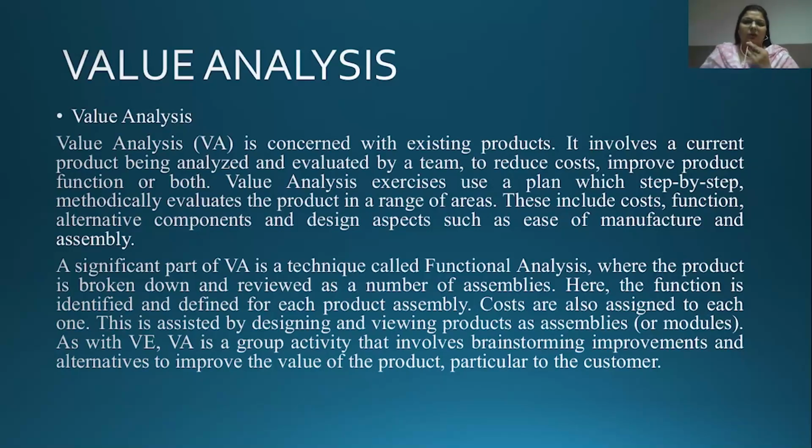The monitor has a different cost, the mouse has a different cost, the keyboard has another different cost. The CPU is a little bit costlier than other things, and so is the UPS. Then they are assembled with each other to make a computer system. Costs are also assigned to each one. This is assisted by designed and reviewed product assemblies or modules.